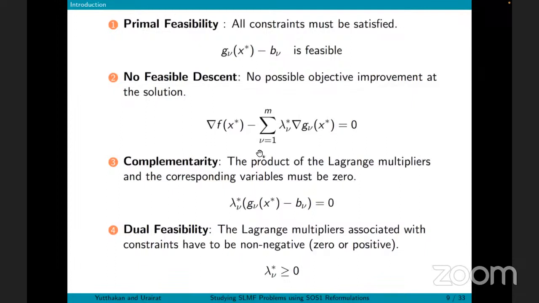Third, complementary slackness: the product of the Lagrange multiplier and the corresponding constraint value must be 0. And fourth, dual feasibility: the Lagrange multipliers associated with inequality constraints have to be non-negative.